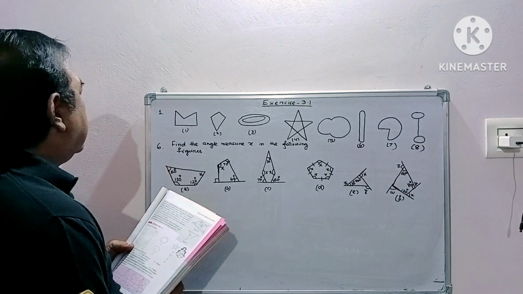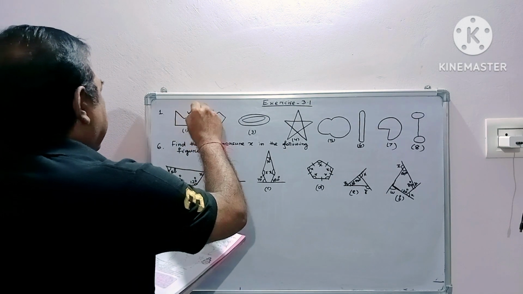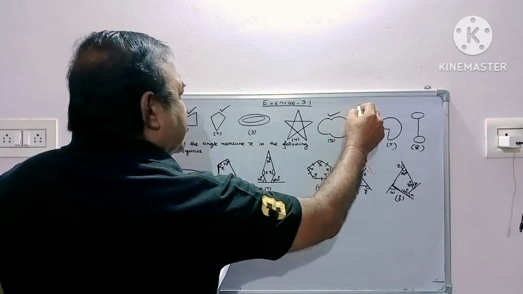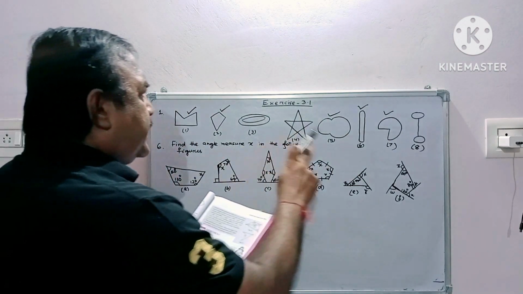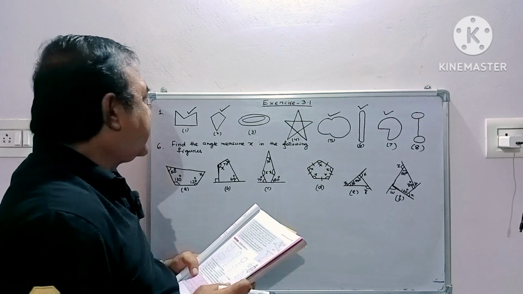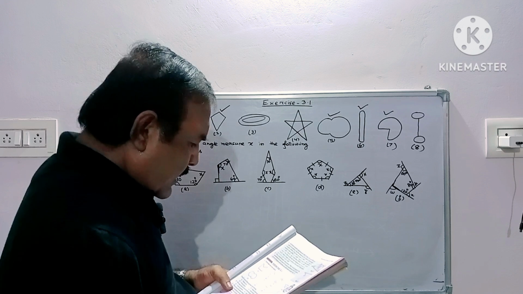So, in this case, you see this figure, this figure, this figure, this figure and this figure. 1, 2, 5, 6 and 7. And you see here, they never intersect themselves from 1, 2, 5, 6 and 7.